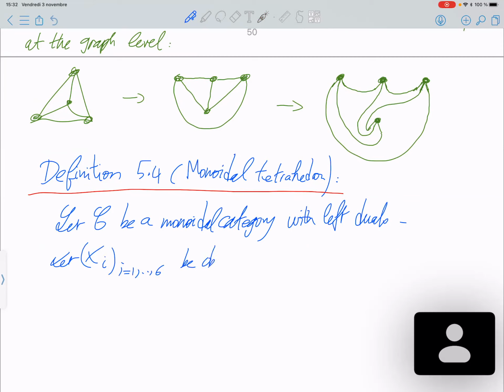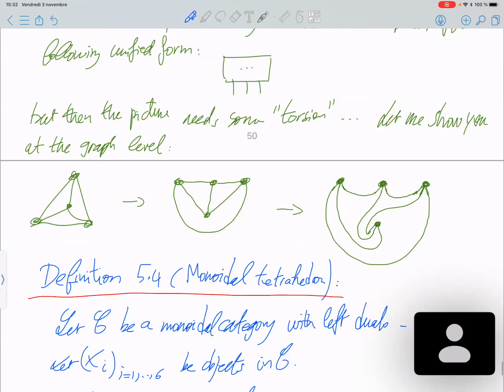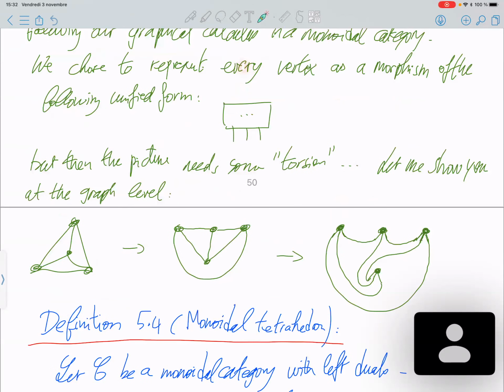And let us consider the following morphisms. Of course, such a morphism is represented as a morphism from 1 to x tensor y tensor z. So this is the type of morphism we need to introduce here.